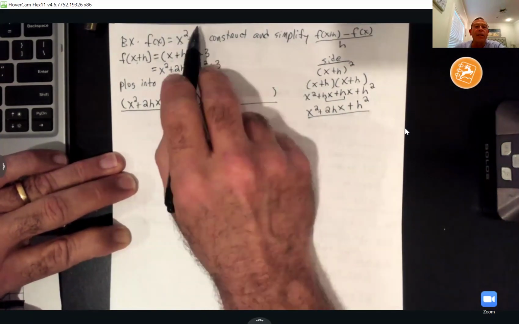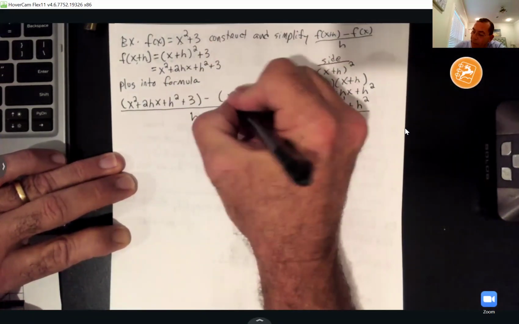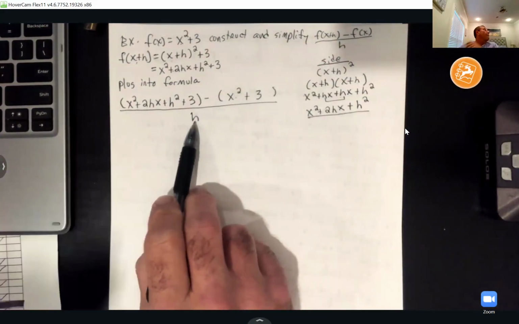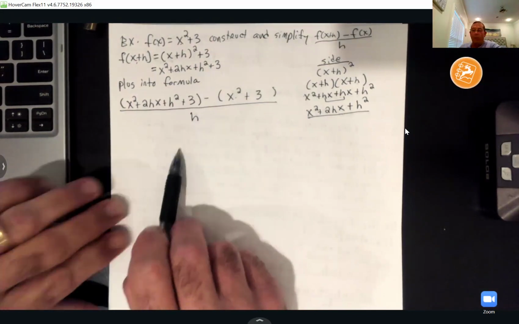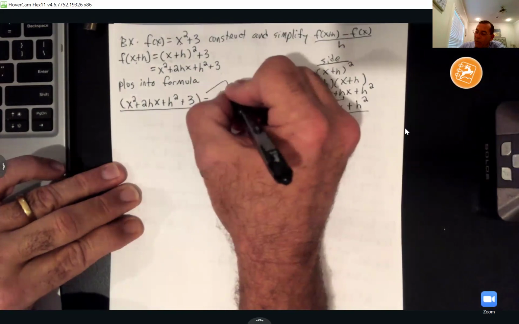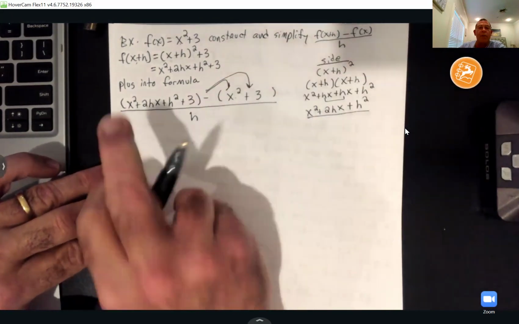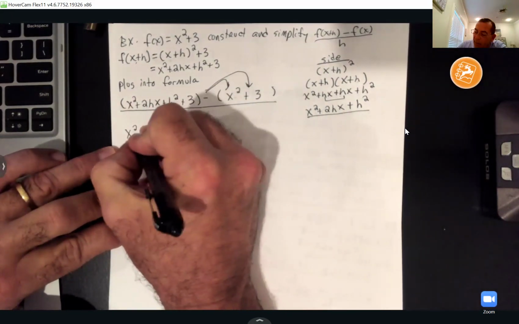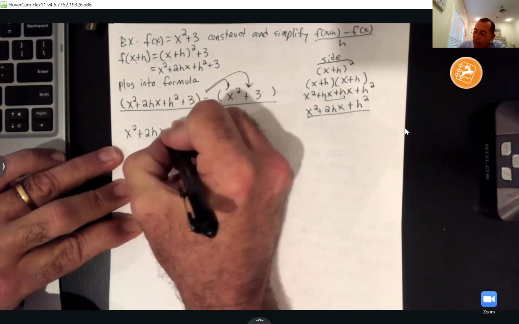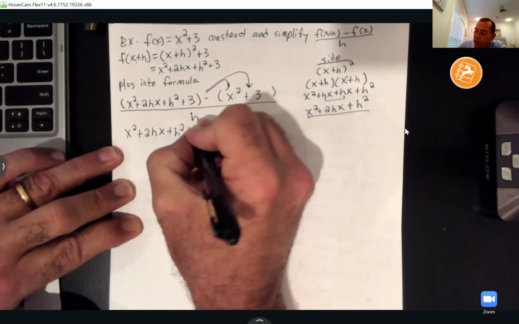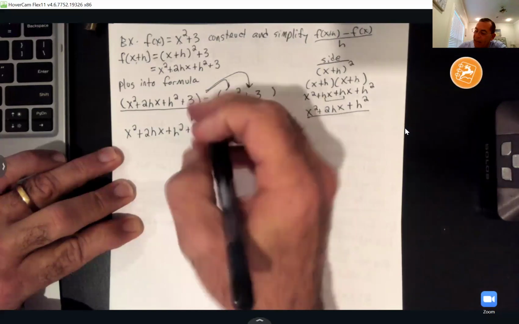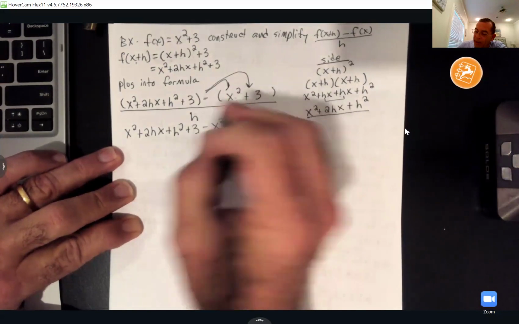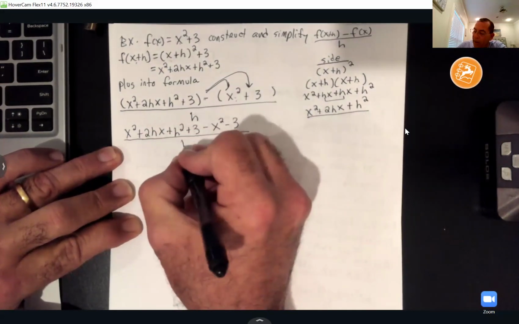F of x was the x squared plus 3 up here. And then my h on the bottom. All right, so now what I want to do, distribute my negative over here and drop all my parentheses. So the first one comes out, x squared plus 2hx plus h squared plus 3 minus x squared minus my 3 all over h.